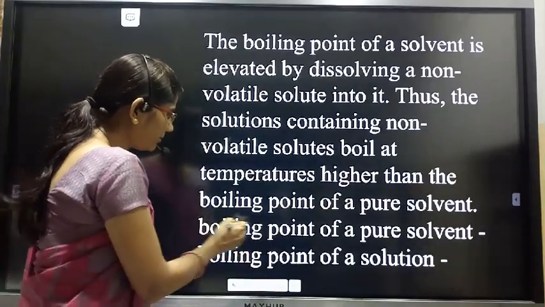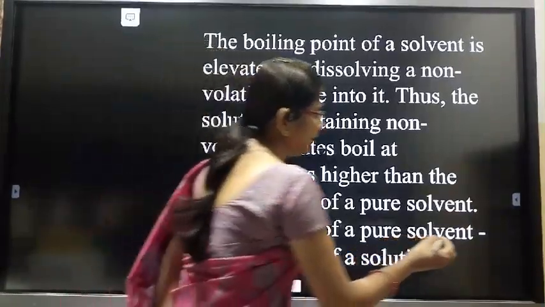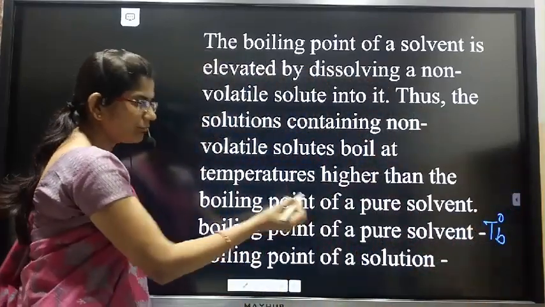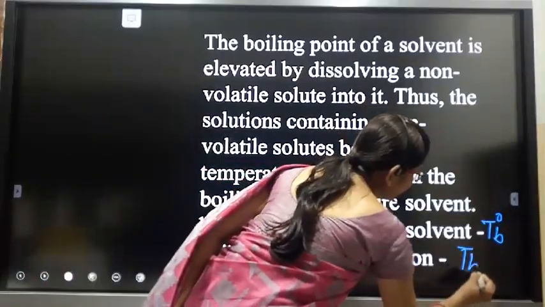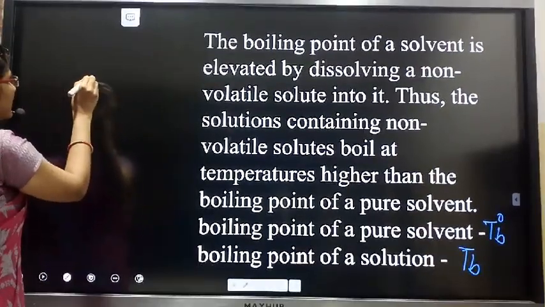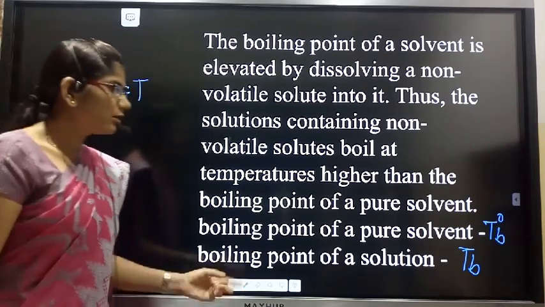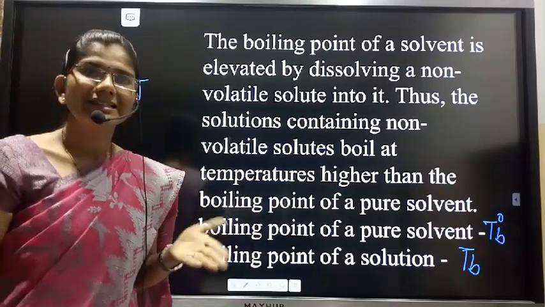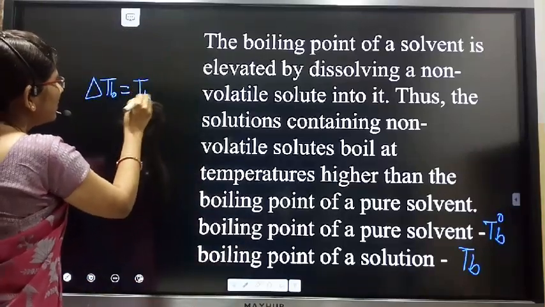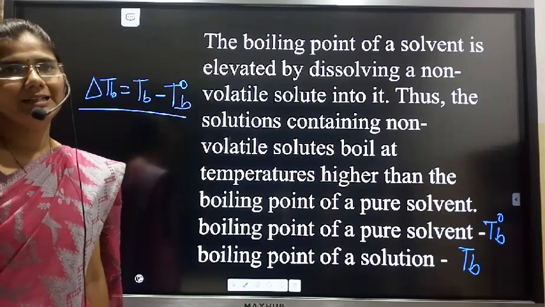The boiling point of the pure solvent is denoted by T0b, and the boiling point of the solution is denoted by Tb. The elevation in boiling point, delta Tb, is equal to Tb minus T0b.